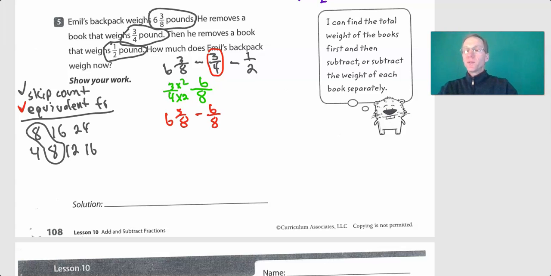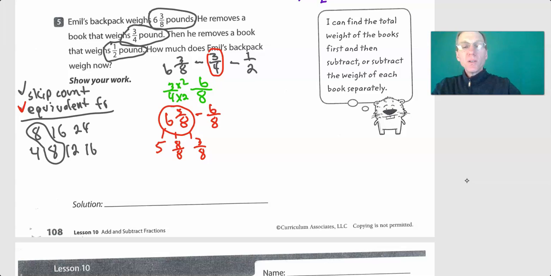Now here's where these problems get really complicated. Now you have to borrow again, just like we were talking about earlier. This is a 3 right here, so let's borrow a pizza. So we'll do 5. We'll take one of our pizzas, cut it up, and we still have the one pizza with 3/8. I always think of it as pizza, even though we're talking about pounds.